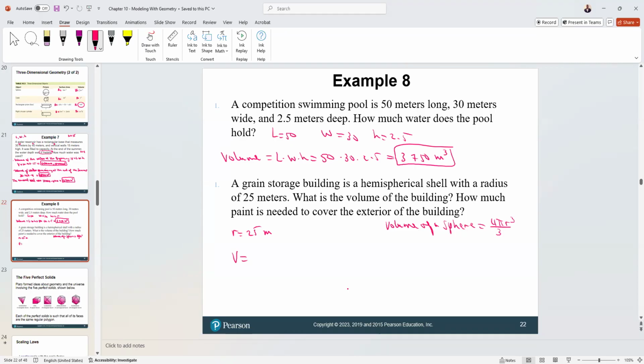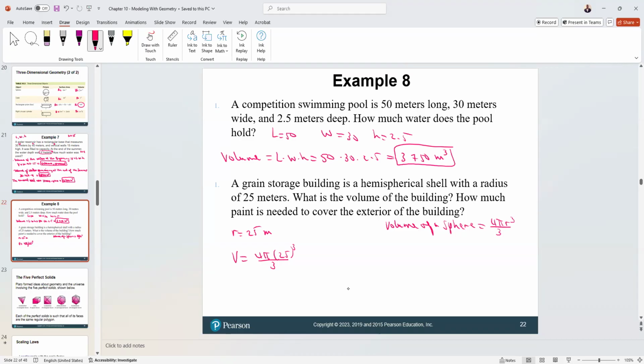So volume would be 4 pi r, r is 25 to the power 3, over 3. Okay. But because the storage building is a spherical shell, in this case we're not going to use all of it.